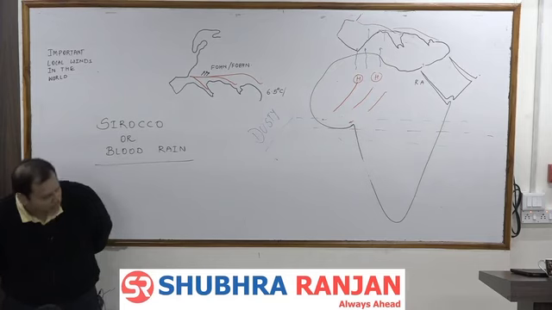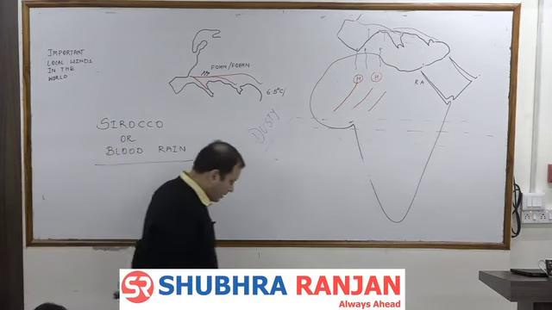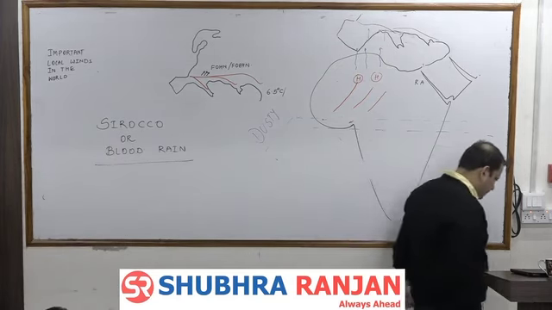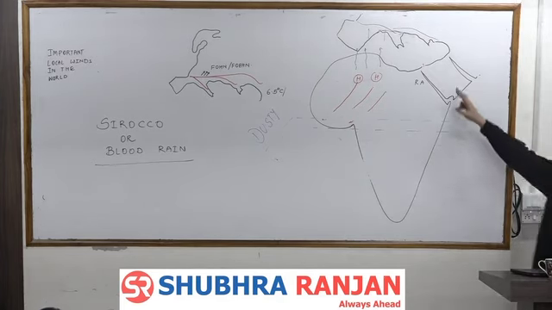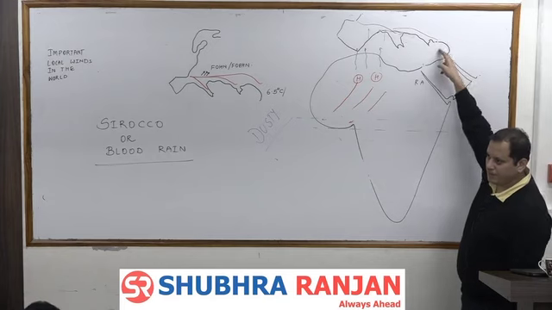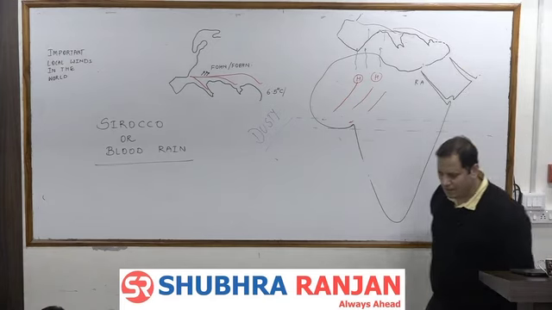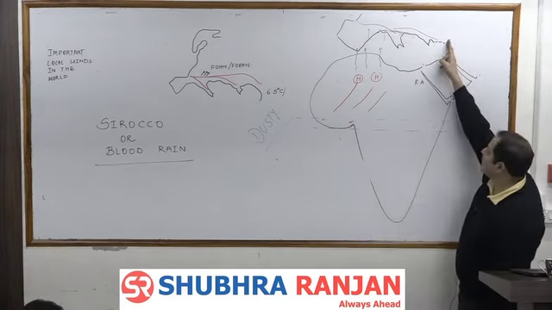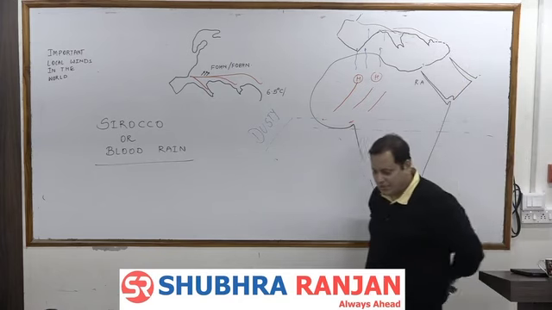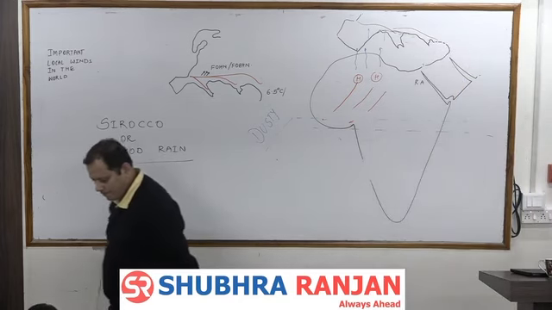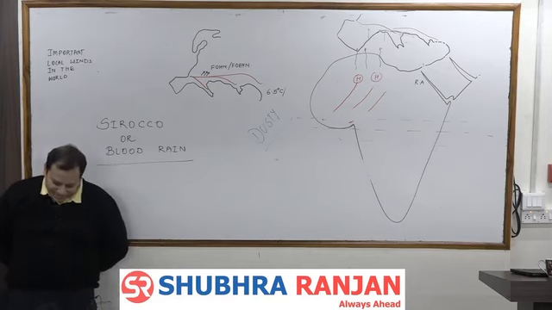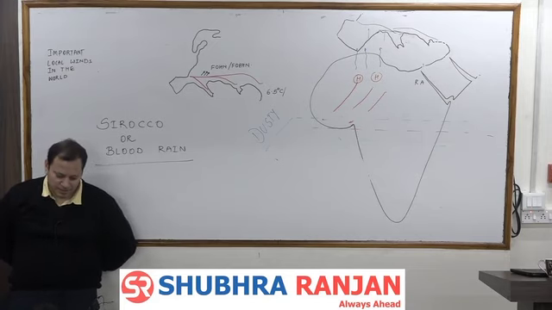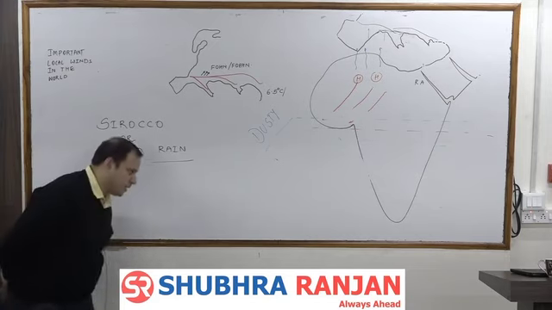Then they give rainfall in southern Europe and West Asia. Turkey, Lebanon, Israel and all are here, and West Asia. This rainfall is red in color and hence the name blood rain.